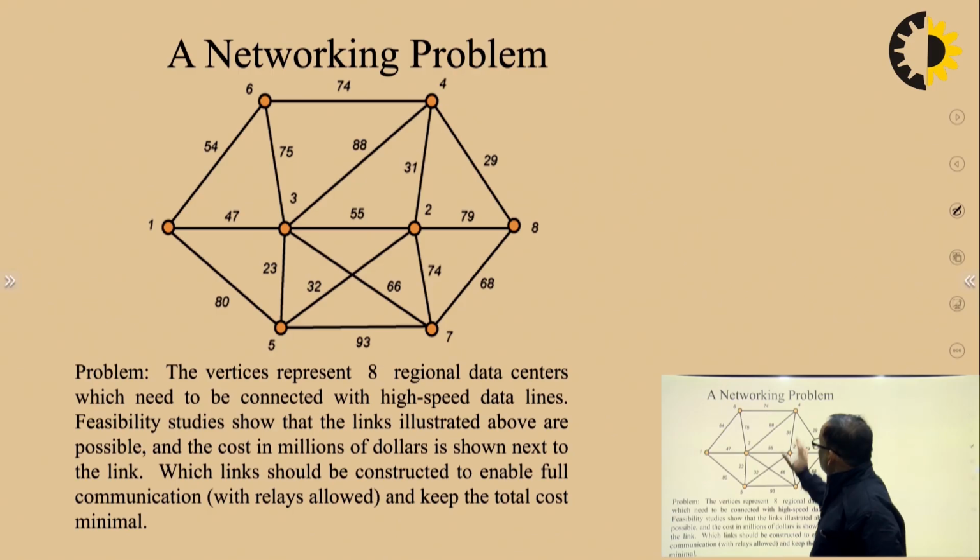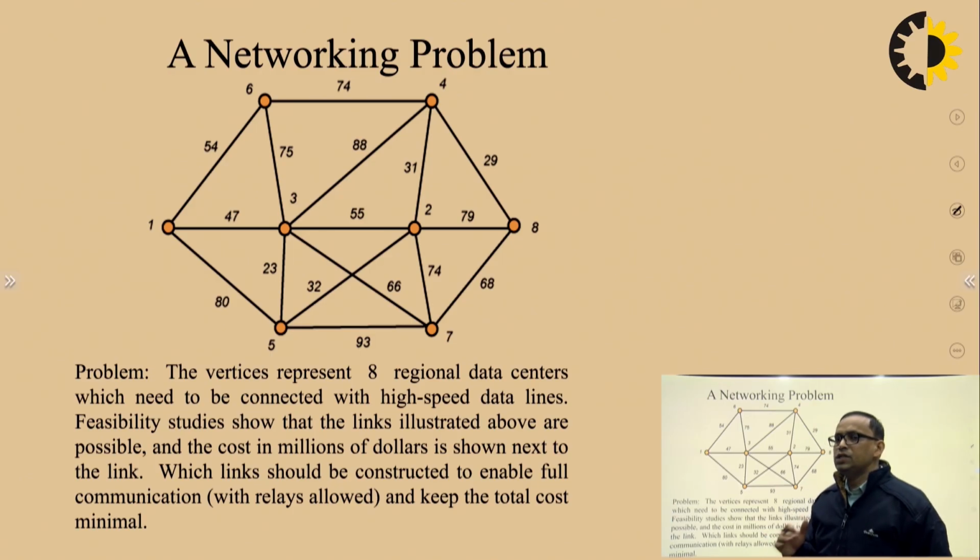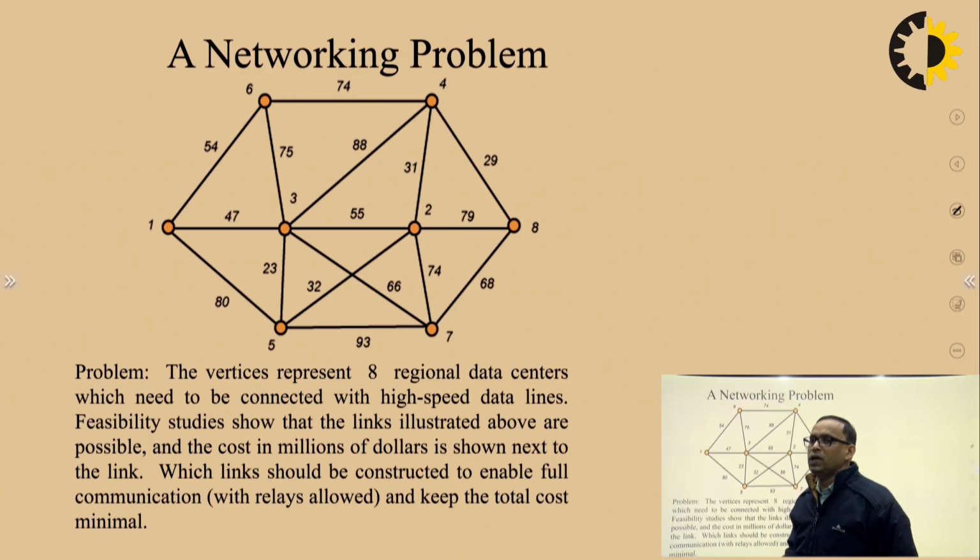So, this is a problem in which these are the vertices of the graph and these are the edges of the graph, and every edge is a weighted edge, with a specific integer value. Now, our objective is to find a minimum spanning tree. So, what is a spanning tree? A spanning tree for a given graph is a tree which consists of all the vertices of that graph. The main difference between a graph and a tree is that a graph may contain a closed cycle.